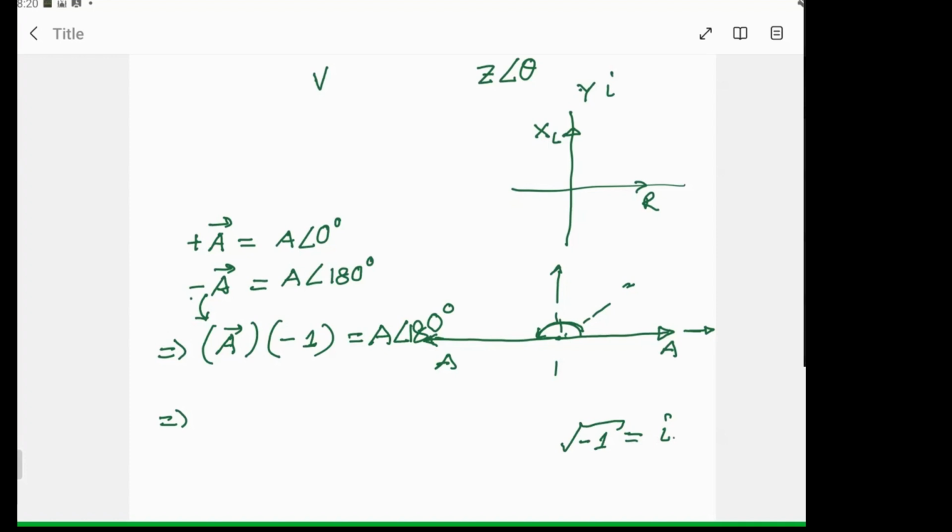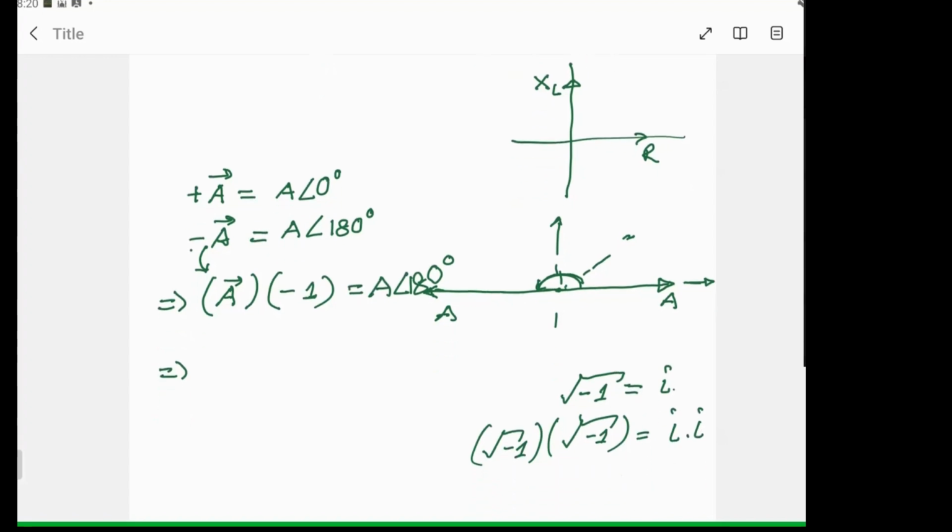Got it? So then if I multiply square root of -1 times square root of -1, that will give me I times I, and that will give me I times I is equal to -1. So here you have multiplied with -1 that I can represent a vector.